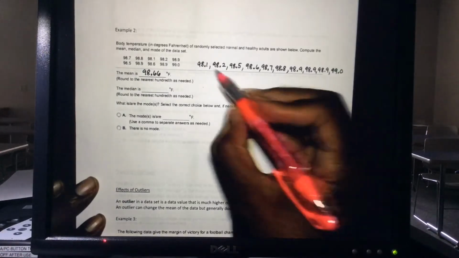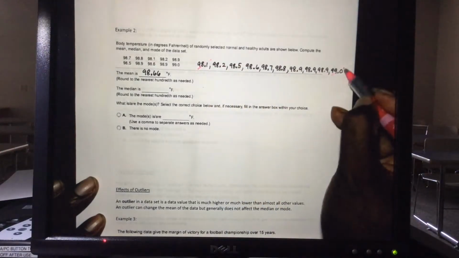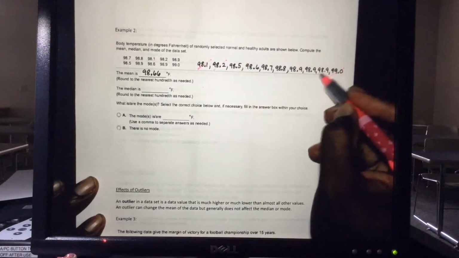Now we're going to find the median of this sorted data set. Okay, so like I did in the last example, we're going to cross out the numbers that are on the end, on the left and on the right, until we get to the middle.